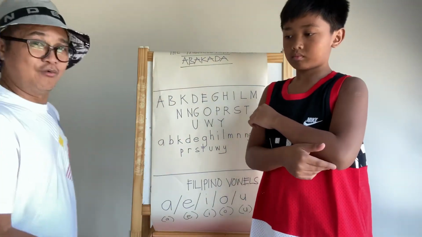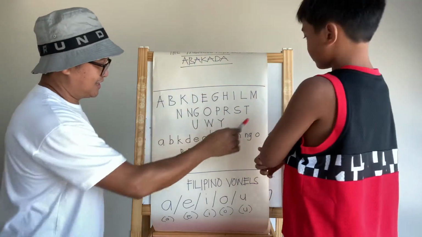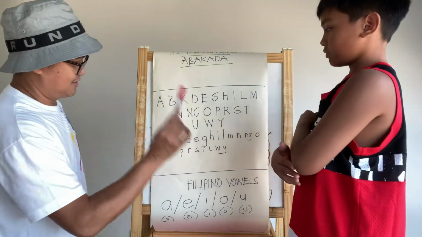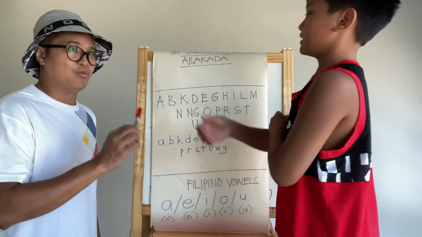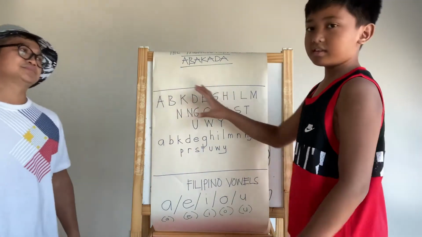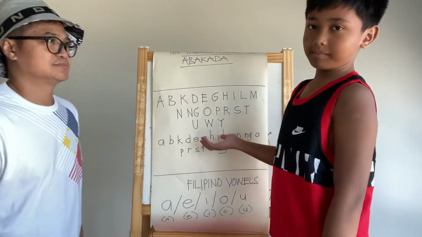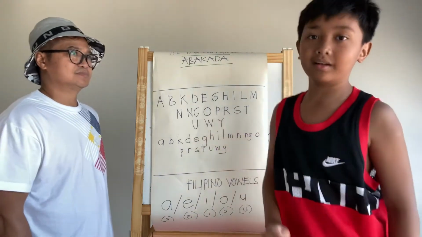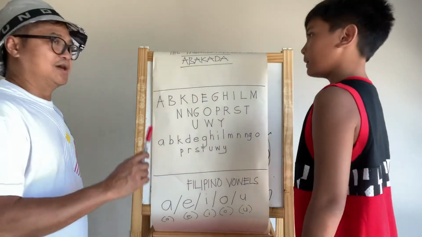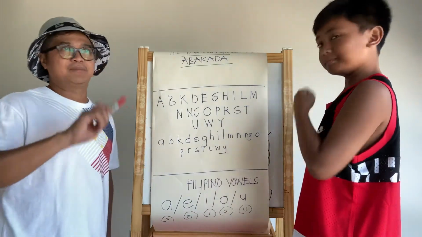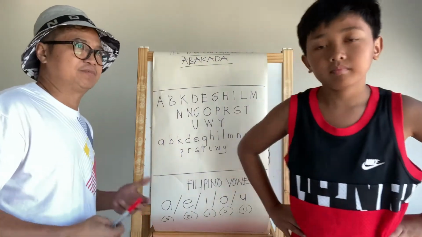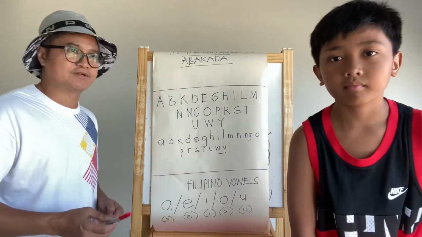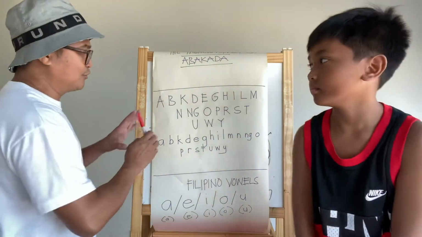Now we're going to the alphabet of the Philippines. You can realize some parts of the Filipino alphabet are not like the original alphabet. In fact, the latest alphabet the Philippines has is about 28 letters, but we're only focusing on these.